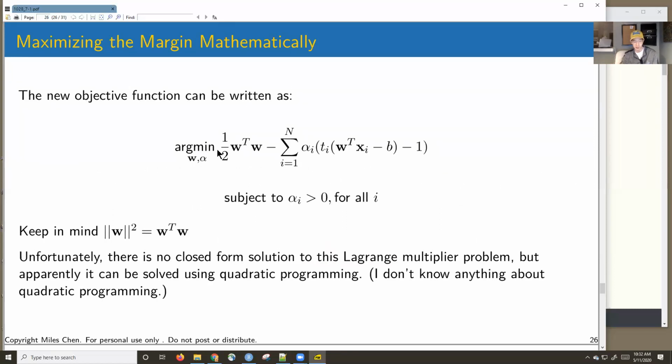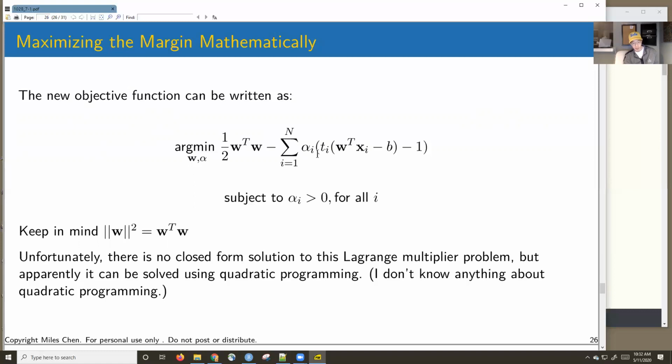So the new objective function can be written as this, right? You're going to get W transpose W, which is equal to the norm squared, and we put that in there because this is what we're trying to minimize. And this is all of the different constraints, one for every single observation that we have.